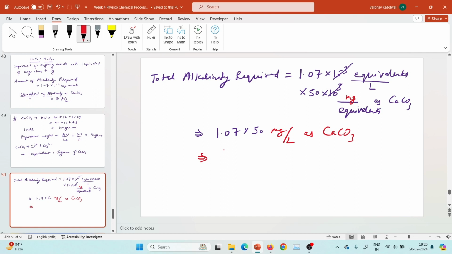So how much will it be? 1.07 into 50, so it will be 53.763 milligram per liter alkalinity as CaCO3 required.